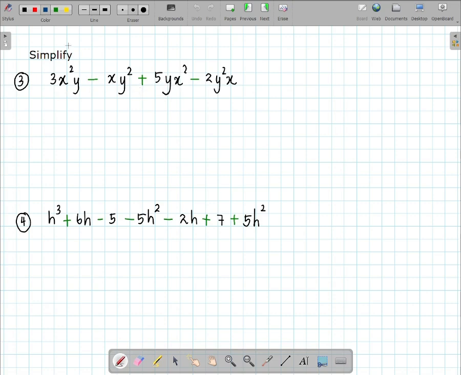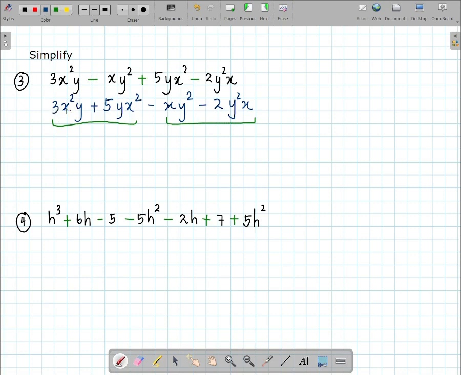Then we have to collect them and write together, that is 3x squared y plus 5yx squared. Then we have xy squared, and this also xy squared. That also we have to write together, that is minus xy squared minus 2y squared x. These are like terms, and these two are also like terms.